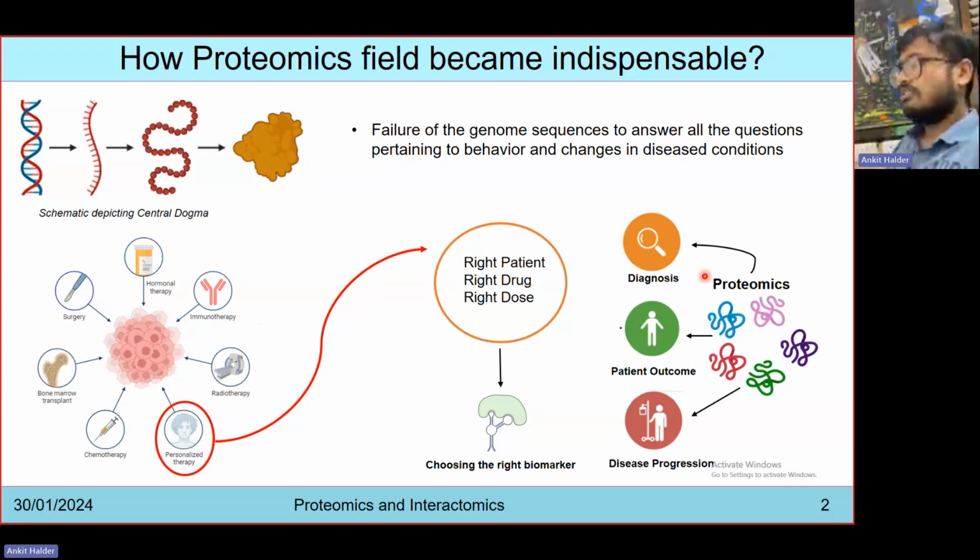All these things can be answered by the field of proteomics. So proteomics plays a huge role, helping us understand in a multifaceted way. In this upcoming era of personalized therapy, proteomics will play a huge major chunk of the role.